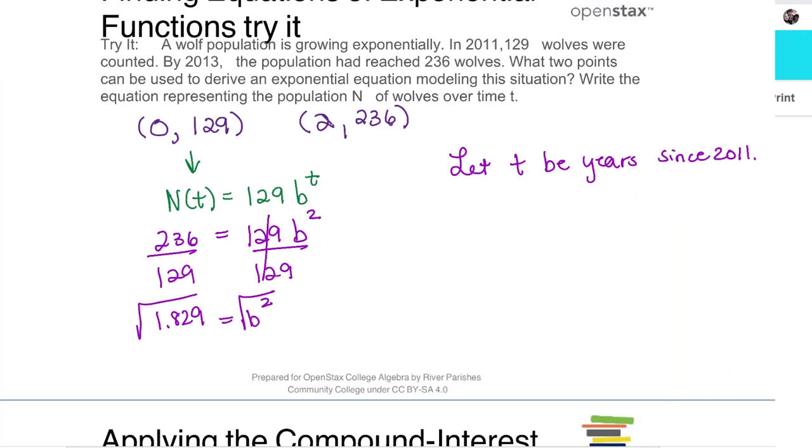We get 1.35257. So the equation would be n of t is equal to 129 times 1.3526 carried to the t power.